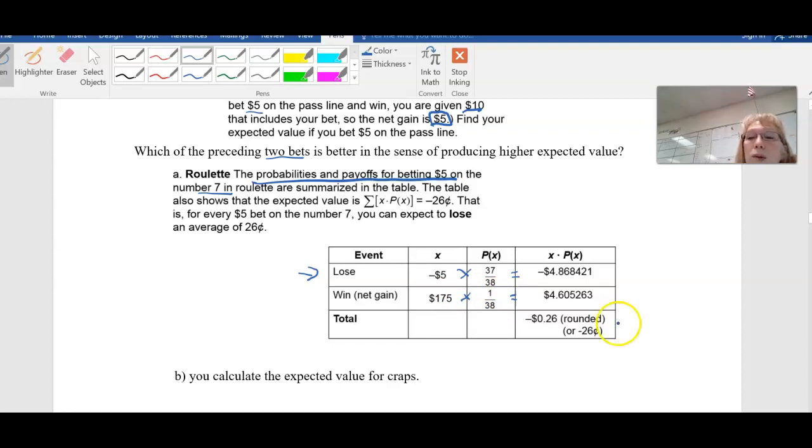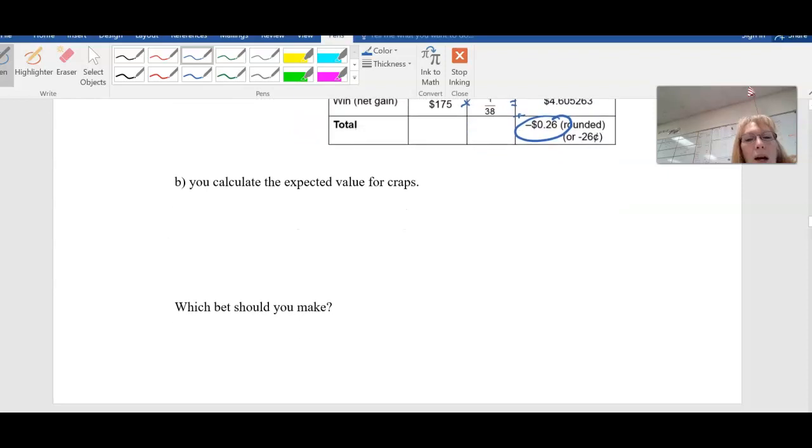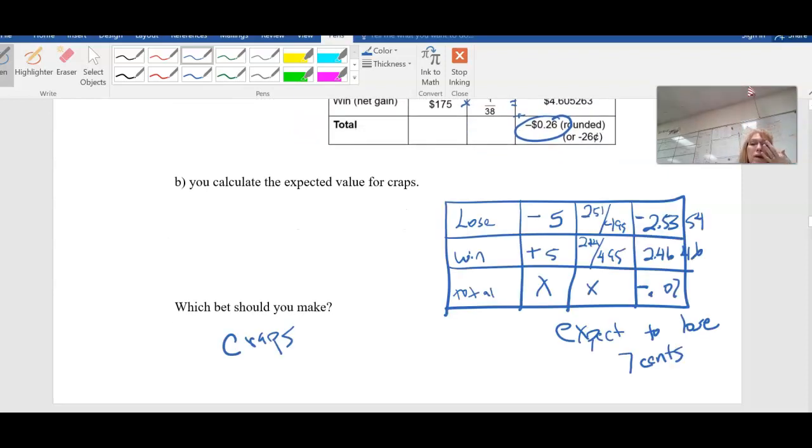When I add those, I am going to lose on average 26 cents per round. All right, your turn. Calculate craps. Okay, when you calculate it out, you took the loss times your probability of losing, you got negative 2.53. Winning, $5 times your probability of winning, which is 2.46. So you can expect to lose 7 cents.